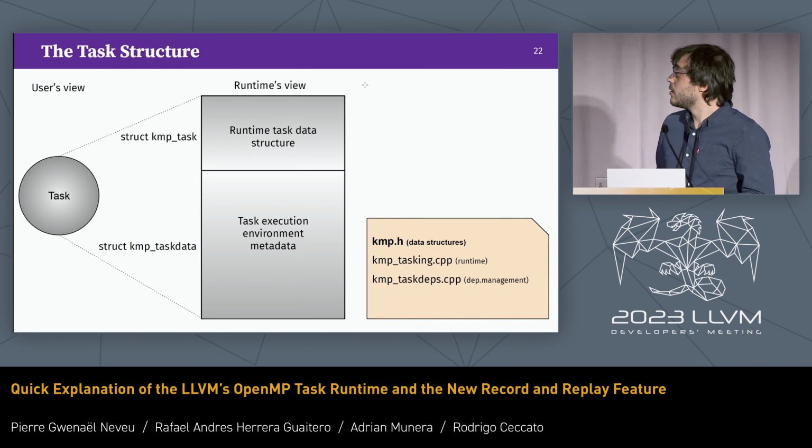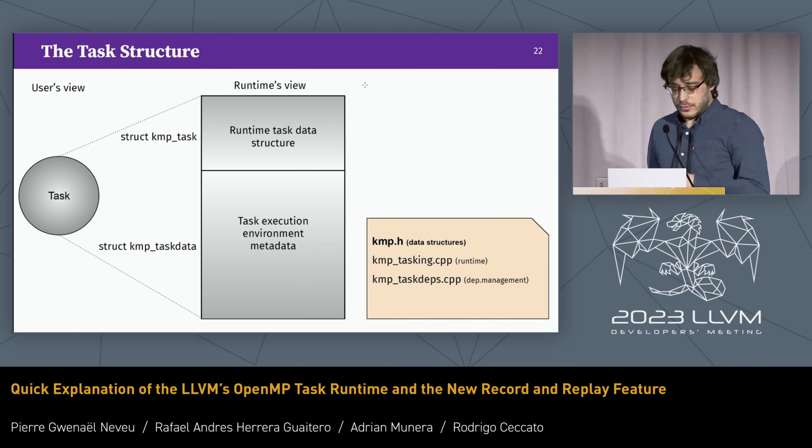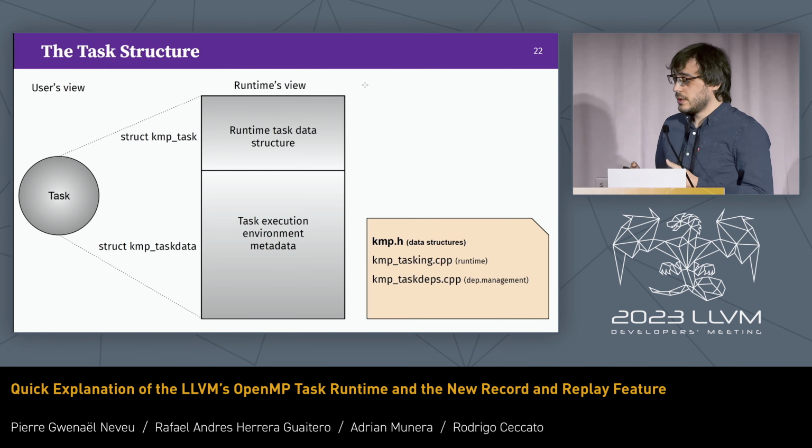Finally, I also wanted to talk about the task structure. It can be found in kmp.h, and it's used in kmp_tasking and kmp_taskdeps. In fact, it's not one but two structures. We've got the kmp_task, which is the real core of the data for the task, and then the task data, which is more the metadata around the task.